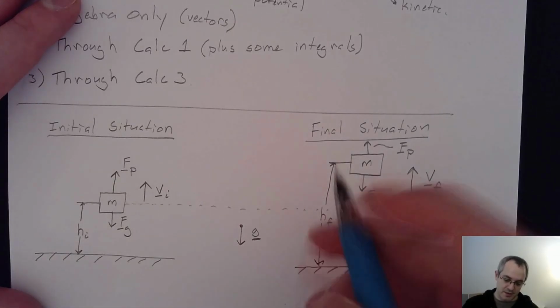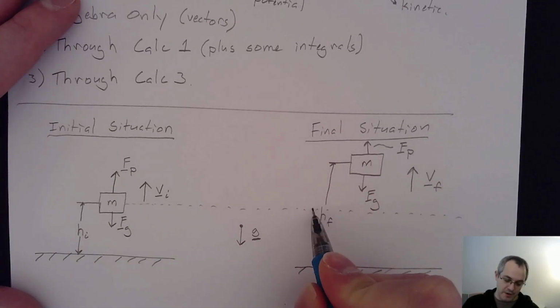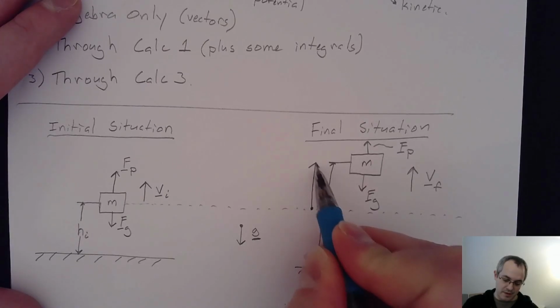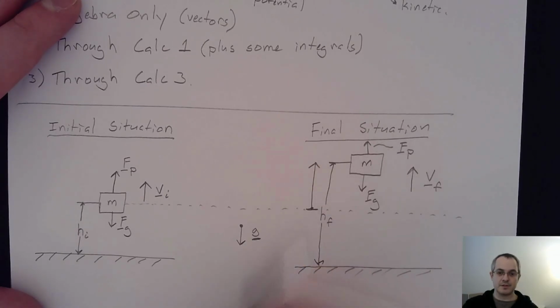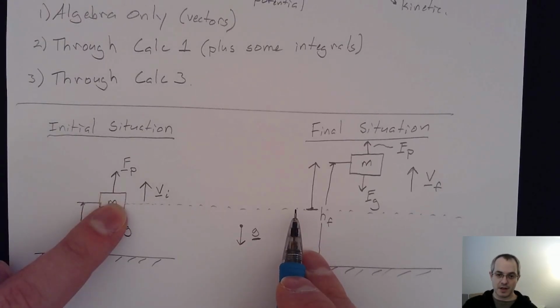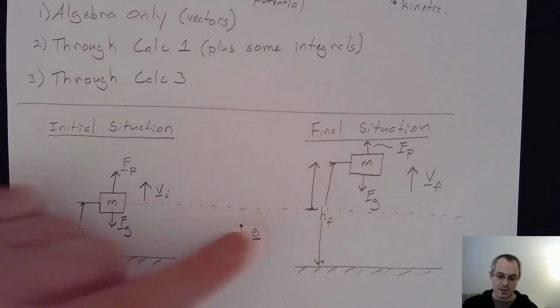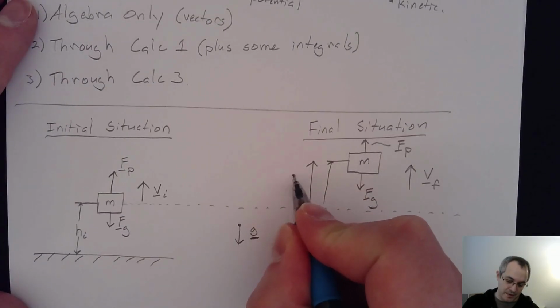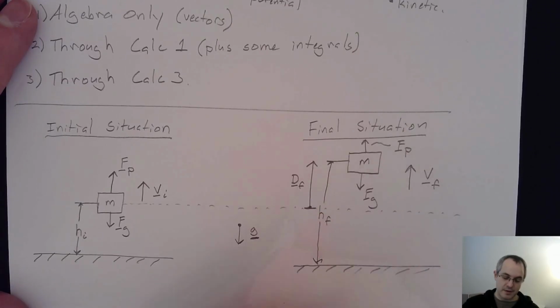So we're going to need that displacement. This vector here that starts at the initial location and goes up to the final location is our displacement in the final situation.